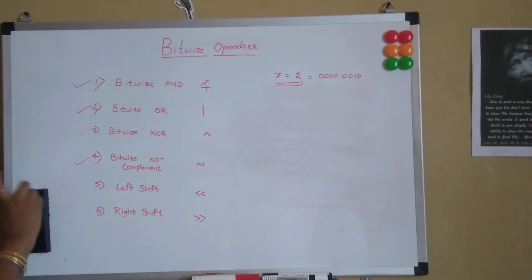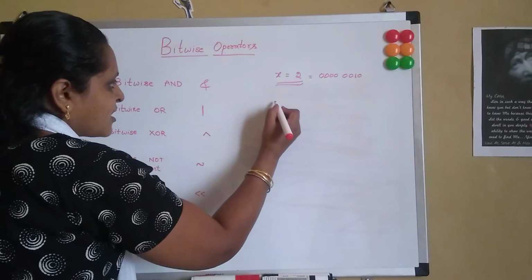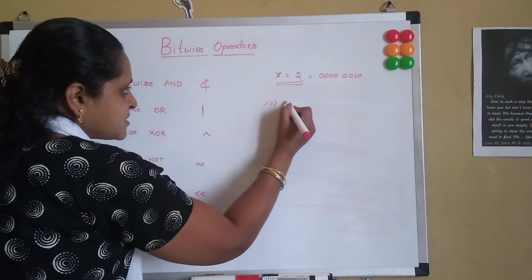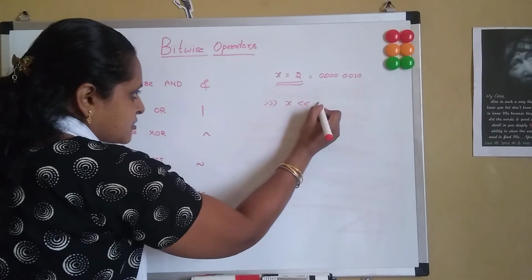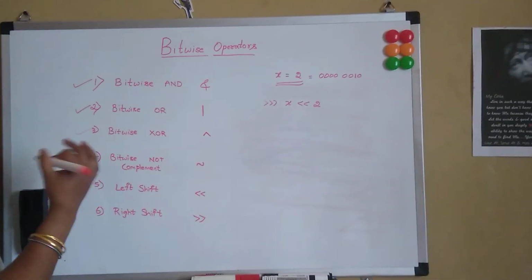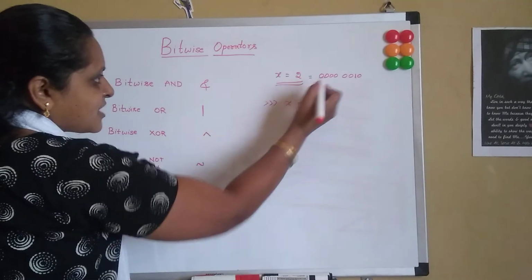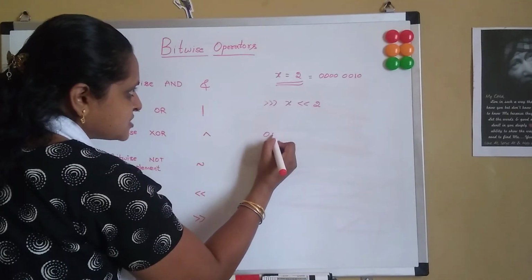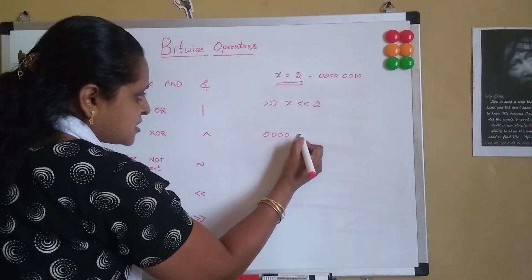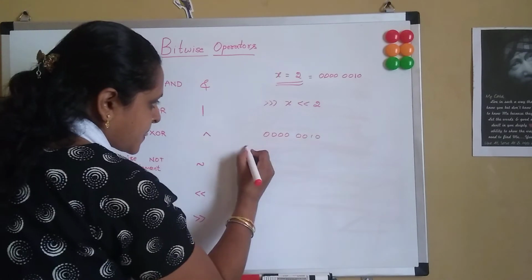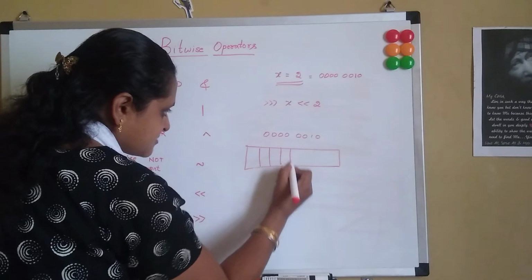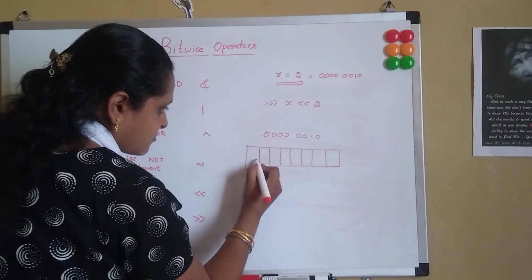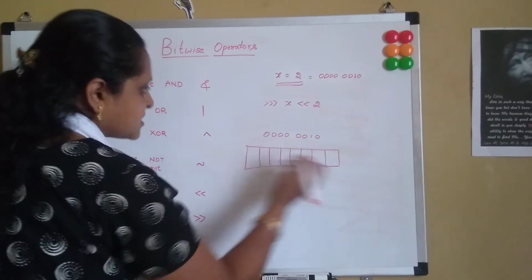Now let's move into left shift. If I say in the IDLE, if I specify x left shift 2, shift the bits by 2. So x is having a value 0, 0, 0, 0, 0, 0, 1, 0. Now let me take 8 bits. 1, 2, 3, 4, 5, 6, 7, 8.